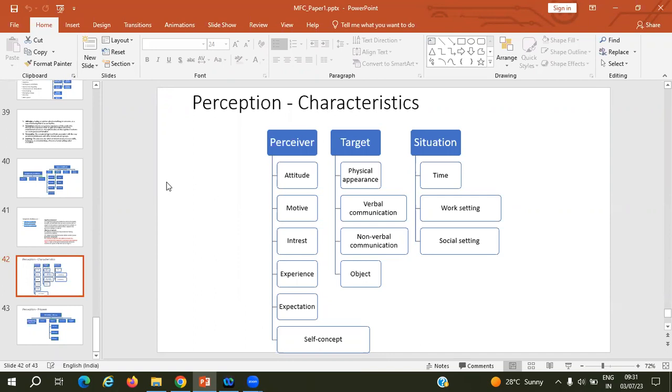Another thing is object. Sometimes the object is different. Suppose a group of persons is going, particular school people are going on a picnic, crossing the road and you are facing them. So you are drawing one perception based on that group. Suppose the group is crossing the road in a different manner, so you say they don't know the courtesy.